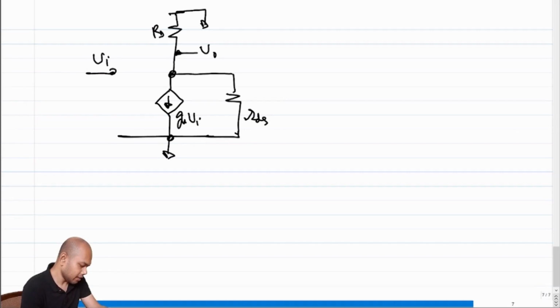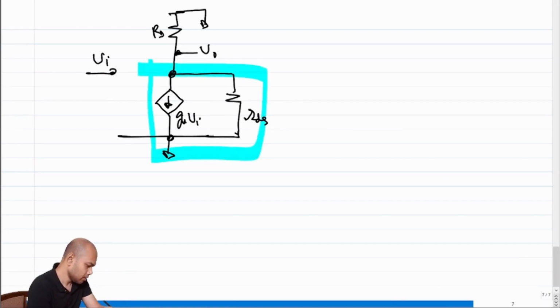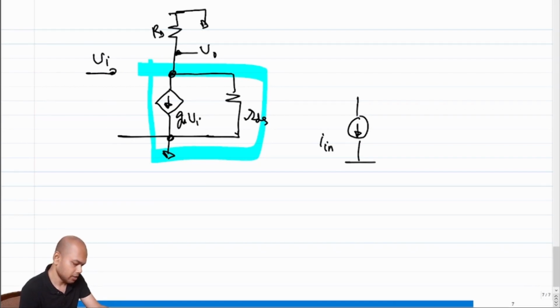So let's say that this stuff over here, let me call it an incremental current source I in, with an internal resistance Rs, and we understand that I in is equal to Gm times Vi, and the resistance Rs is equal to RDS.